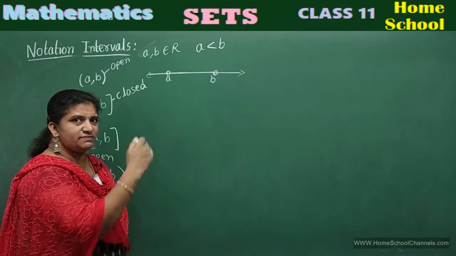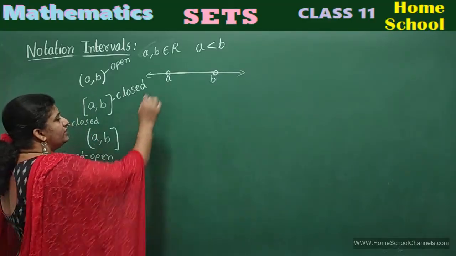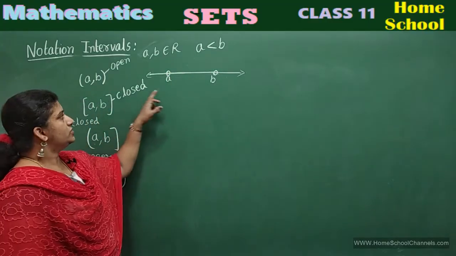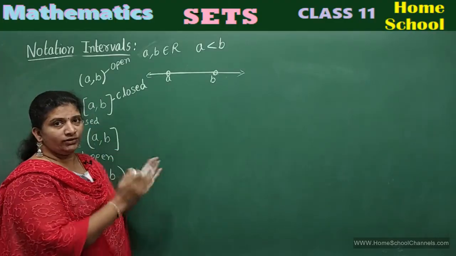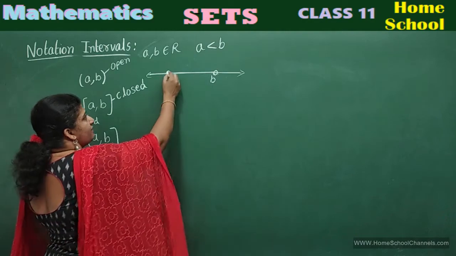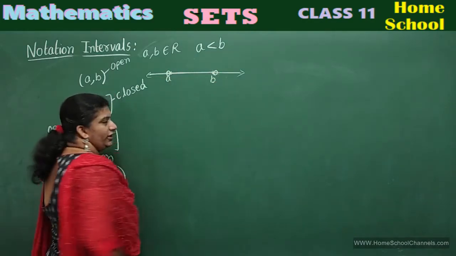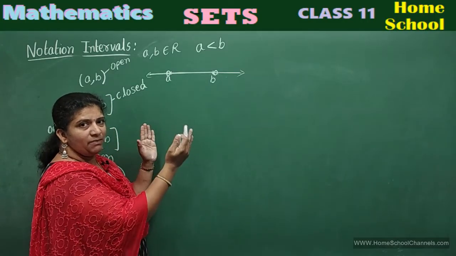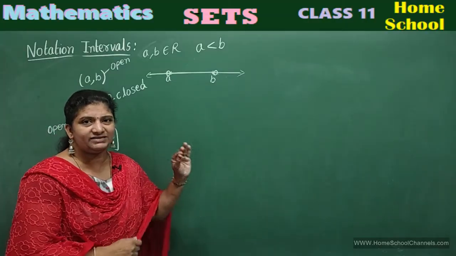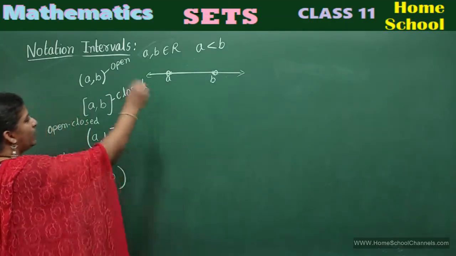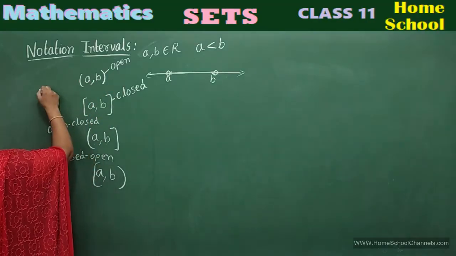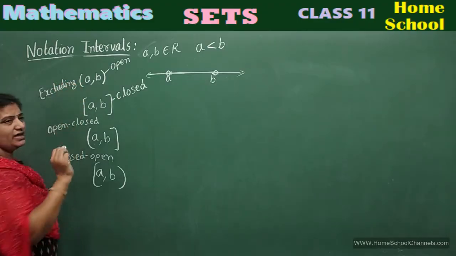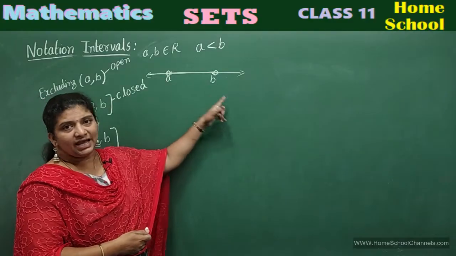Now, see, this round indicates A, B are open. So, from A to B, what you need to understand on a number line? From this point to this point, you need to take. That means A and B are excluded. Other than A and B, all numbers inside we need to consider in a set. Right? So if you have this type of brackets, you can say excluding A and B.